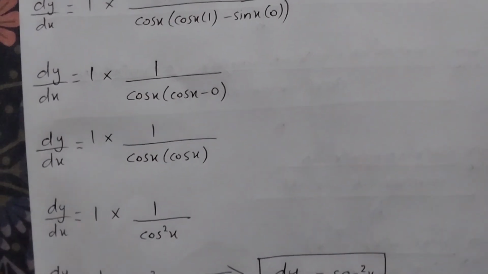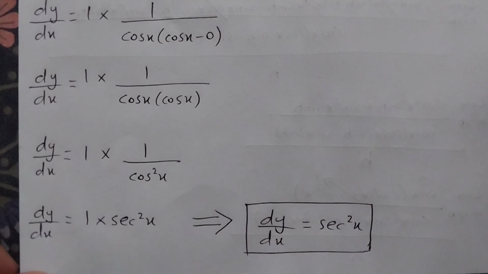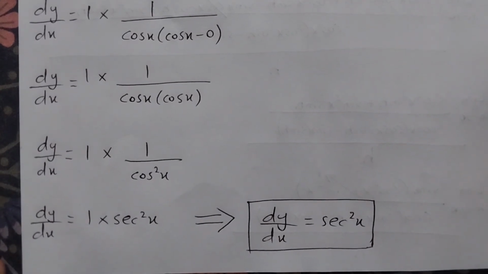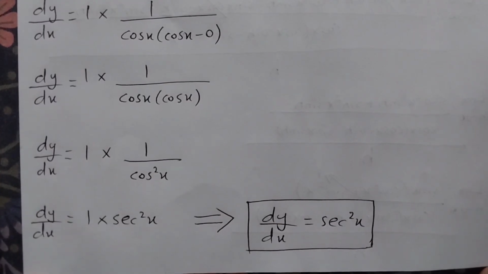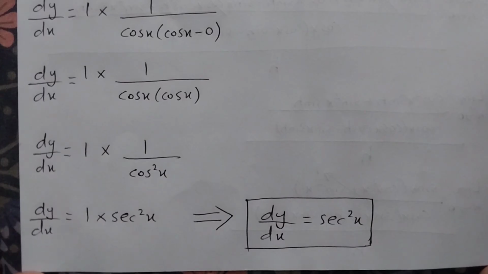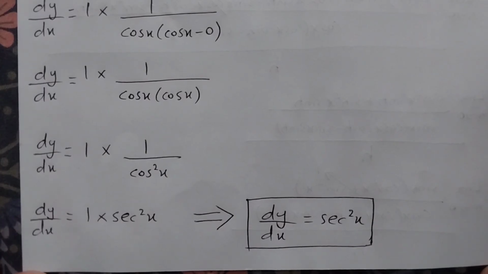So this is equal to 1 into 1 over cos square x, and 1 over cos square x is simply secant square x, because the reciprocal of cos is simply secant, and here we have cos square, so this will become secant square. So this is equal to 1 into secant square x, and finally we get our answer, the derivative of tan x, which is simply secant square x.